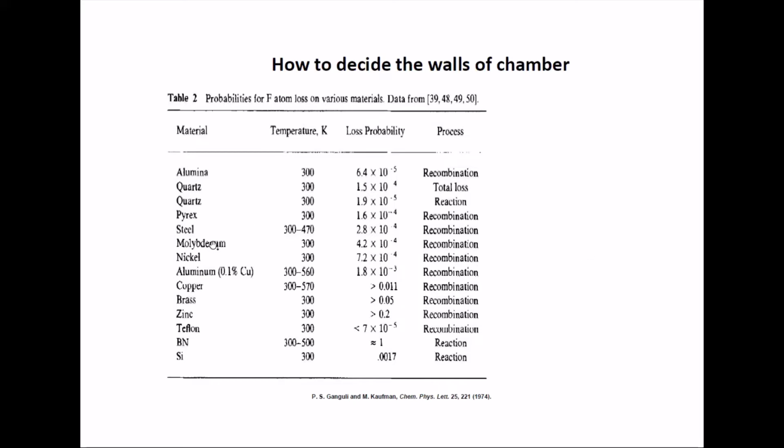Let's say I use boron nitride or zinc or brass. If you see the loss probability, I mean, how much fluorine reaction will be happening, boron nitride is worse for these fluorine atoms.